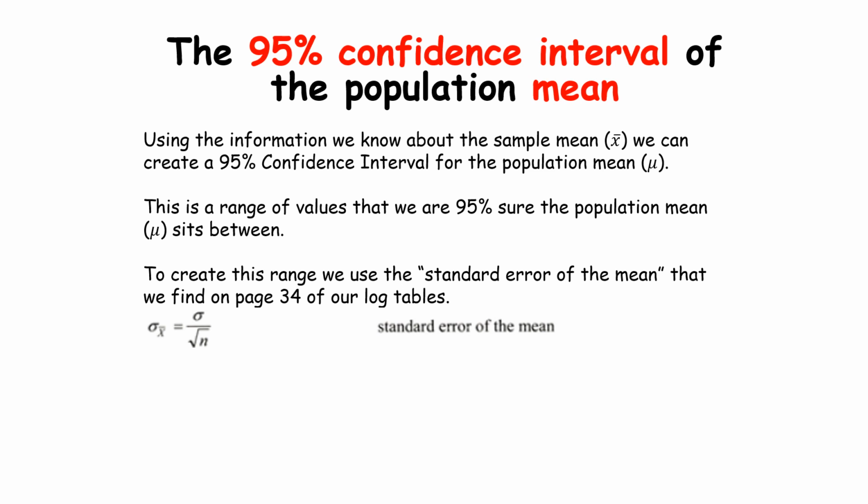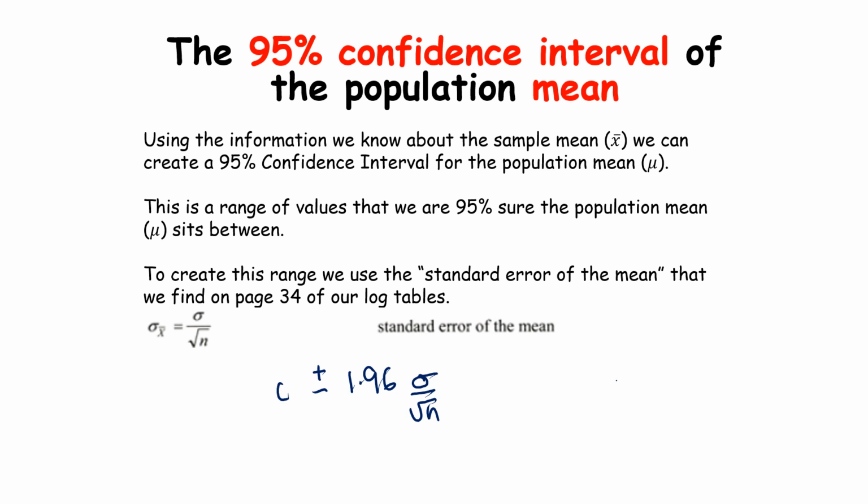So this is what we're going to have. We're basically going to start with x bar, which is our sample mean, give or take, plus or minus 1.96, because we're in 95% confidence, so we're talking about 1.96 all the time, and then we put the standard error of the mean. And that is how you create the confidence interval of the population mean.